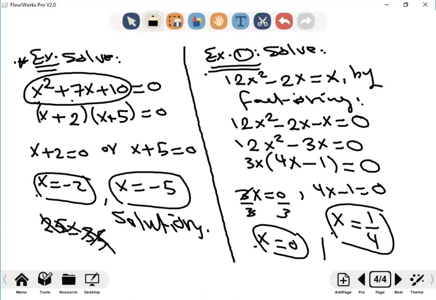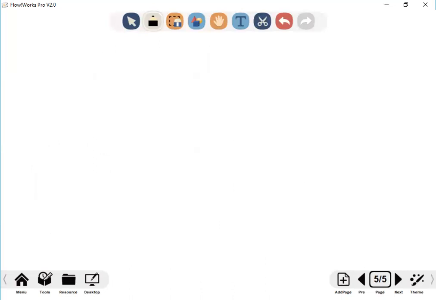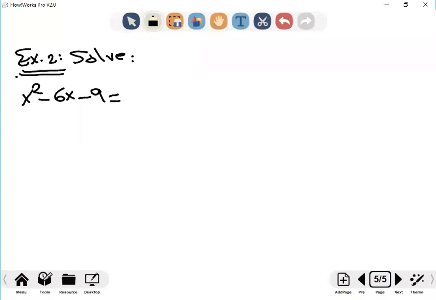Another example. Example 2. Solve x power 2 minus 6x minus 9 equals 18 by factoring.